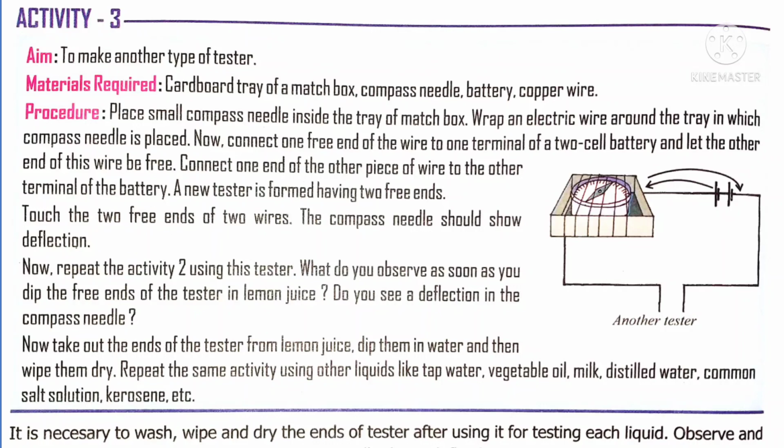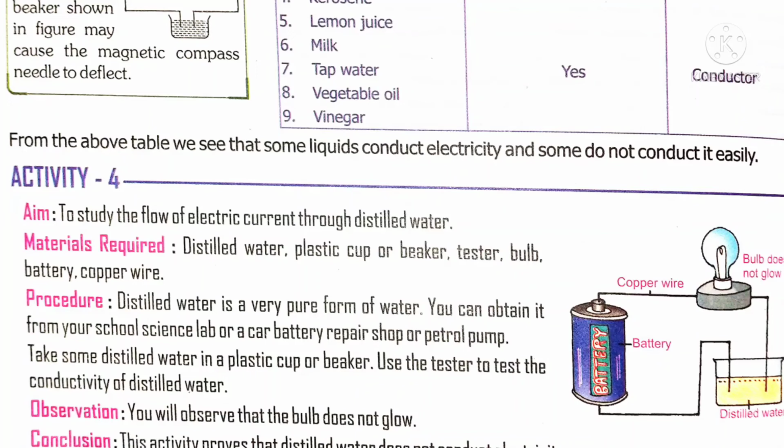If you make a circuit in distilled water in which a battery and bulb are connected, we can observe no glow of the electric bulb. The bulb does not glow because electricity is not flowing through the solution, because of the absence of ions or charged particles in the solution.